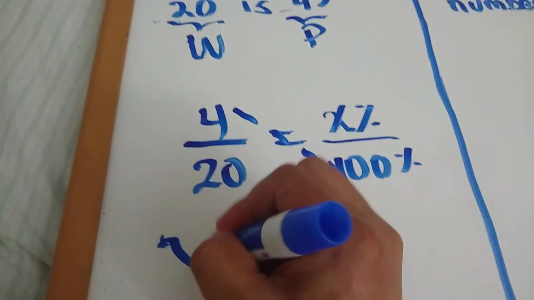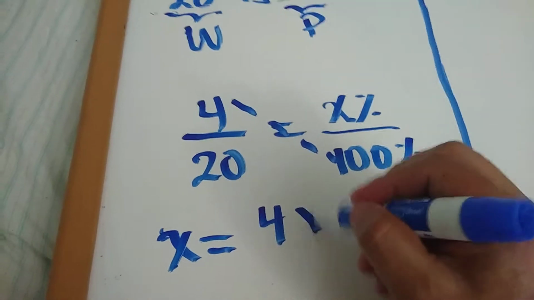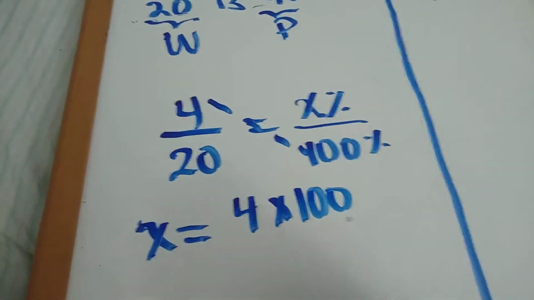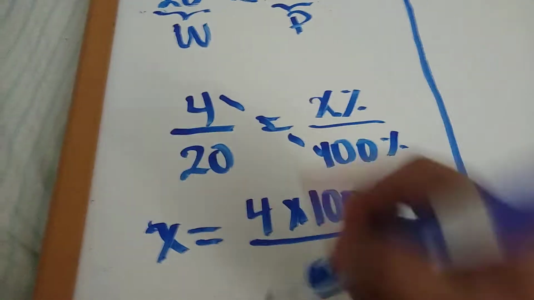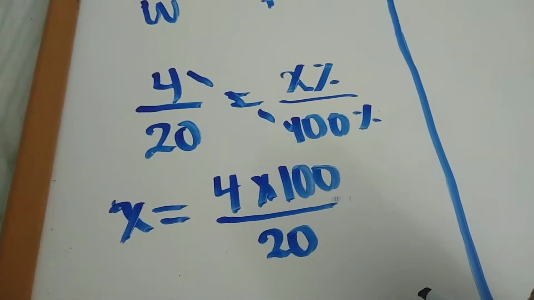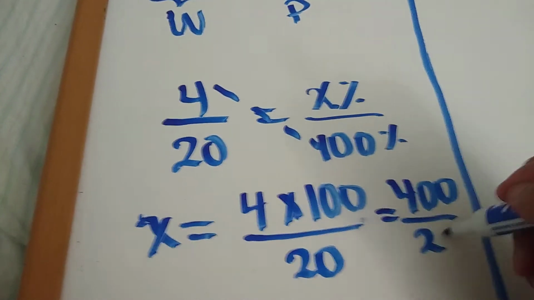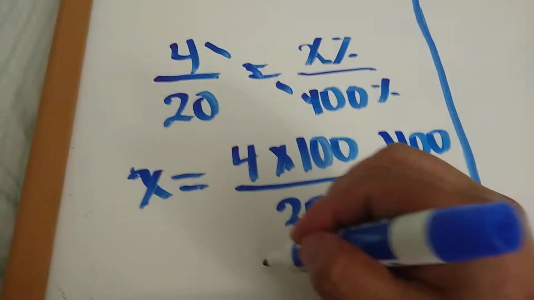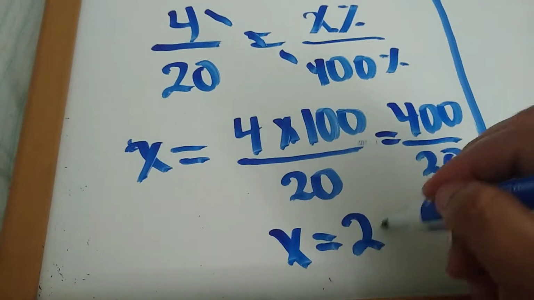So I'm going to always multiply the diagonal with numbers. So X is going to be equal to 4 times 100 over the number that is alone, that is not in the diagonal. So that's going to be 400 over 20. And 400 over 20 is equal to 20.